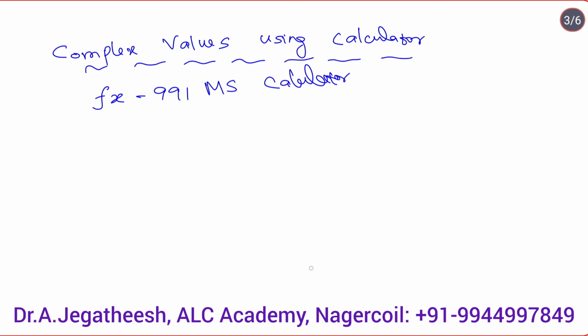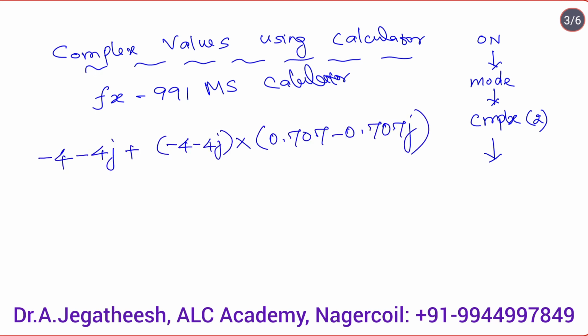Steps are: first, on the calculator, press the mode button one time. You have the complex CMPLX mode at number 2. Next, you have to type the complex values. Let us consider this example.